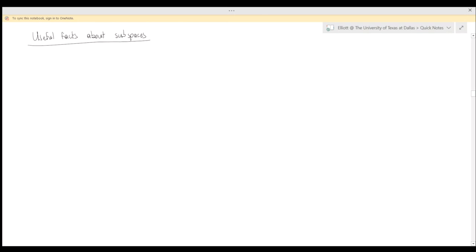Okay, so we've learned that a subspace has to be closed under addition and scalar multiplication. So I want to point out two consequences of that. First is that any subspace has to contain the zero vector.